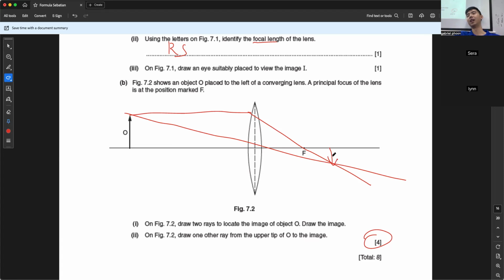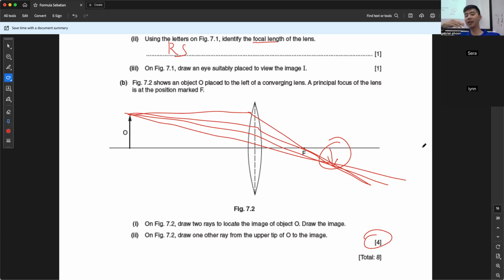If I know where this image is, no matter how many more light rays I draw, by right, they should cut through the same point. If I draw one more light ray here, it will cut through here. If I draw another here, it will cut through here. That's how I know that this is where the image is formed. Regardless of how many light rays I draw, they will all intersect at the same point. You get what I mean?